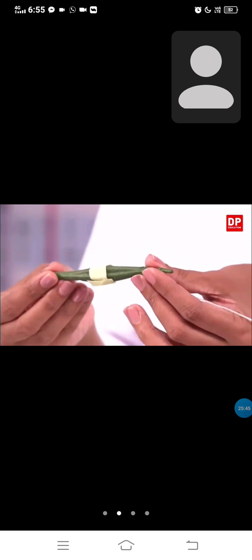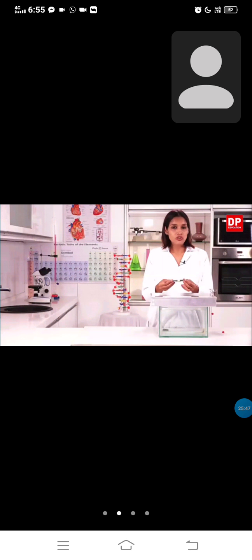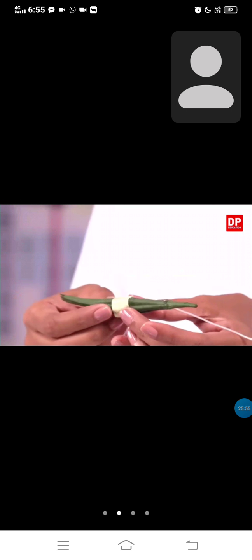So you all can see clearly two ends are narrow and the middle is bulky. It's like a spindle. This shape is called the streamline shape. This is a special shape and its name is streamline shape. Most of the aquatic animals like fish have a body like this. Their shape is like this.